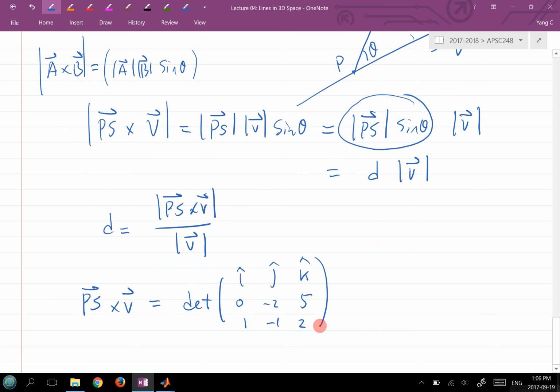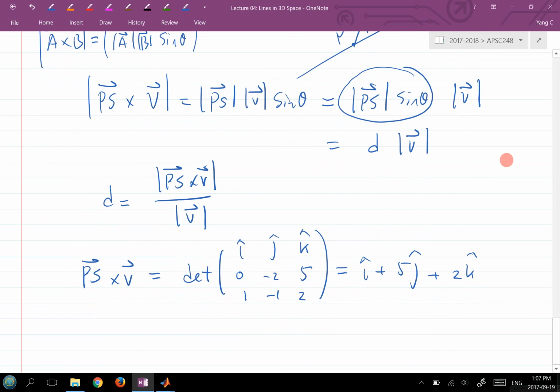You do have a formula, but you can practice a little bit. You'll get I hat plus 5 J hat plus 2 K hat. So PS cross V gives you this vector.